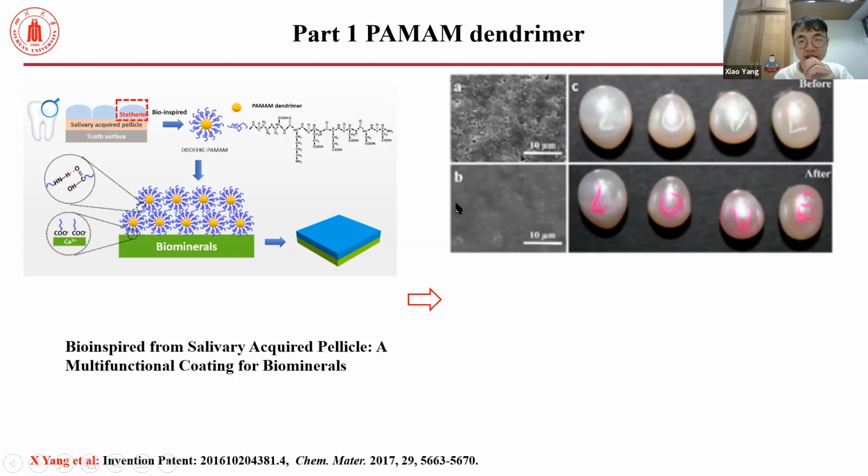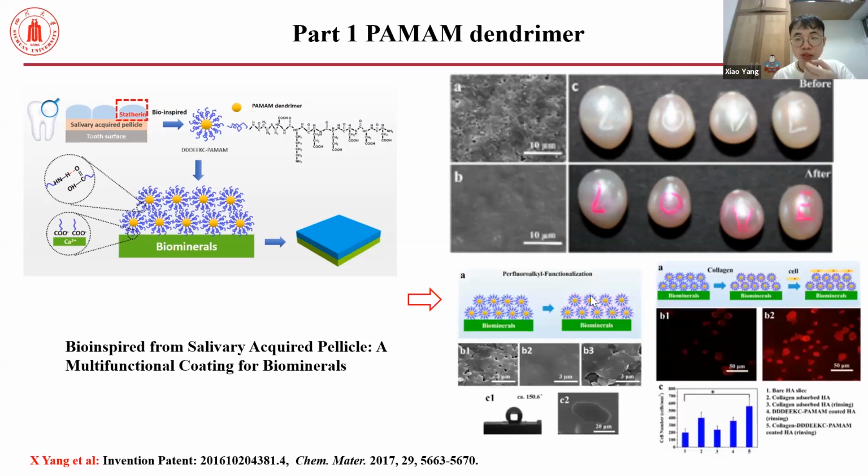We can see that there is a layer of polymer coating on the surface, and we used rhodamine to modify this molecule. We rinsed it with water, and we can see it stays on the surface. It has good absorption to the biominerals.